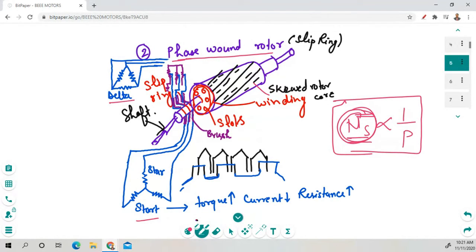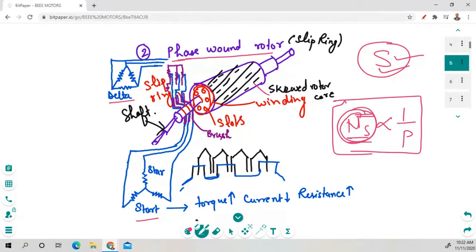So it depends upon the slip. S is the slip. We will discuss these terms in a later section where we are going to derive the slip, what is slip, and what is the speed of the motor in the three different cases. We will explain in detail when we derive the expression for this synchronous speed.